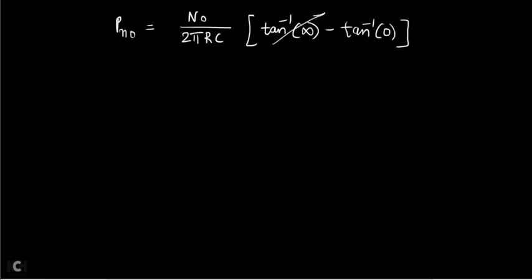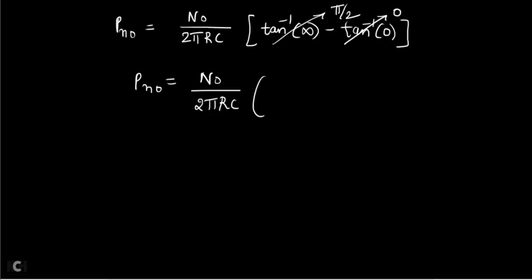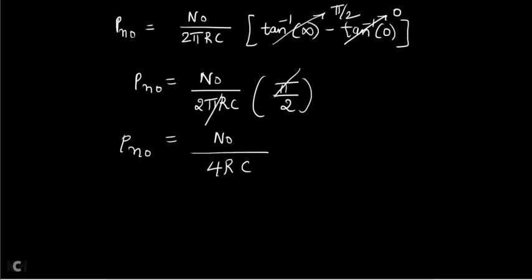Tan inverse of infinity is pi by 2. Tan inverse of 0 is 0. So Pn0 is equal to N naught by 2 pi RC into pi by 2. Pi cancel, remaining is N naught divided by 4RC. This is the output noise power of an RC low pass filter.